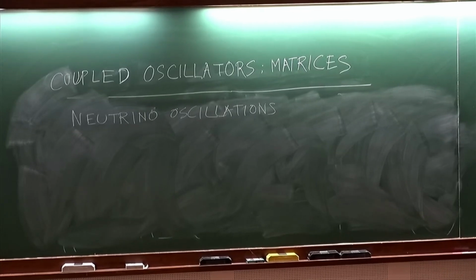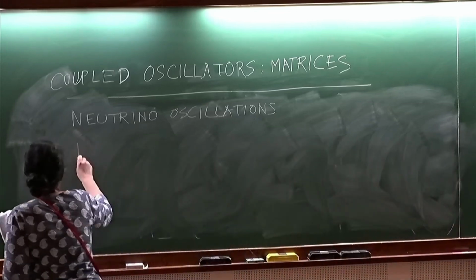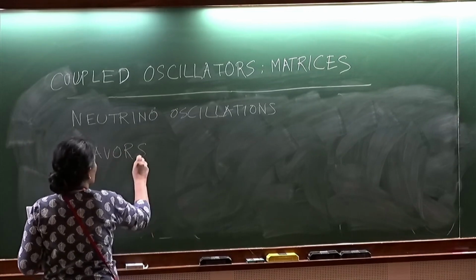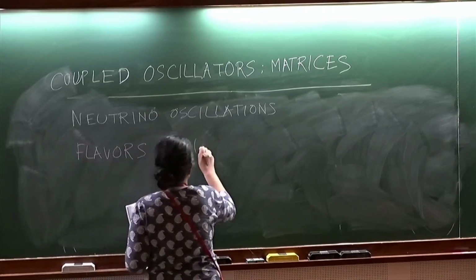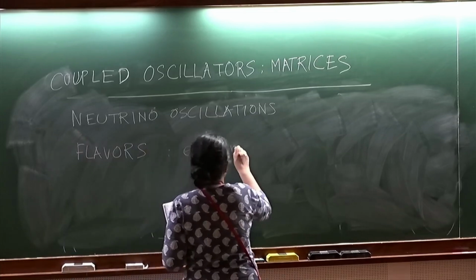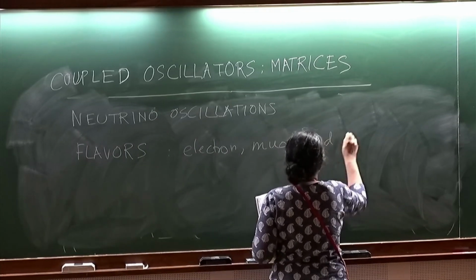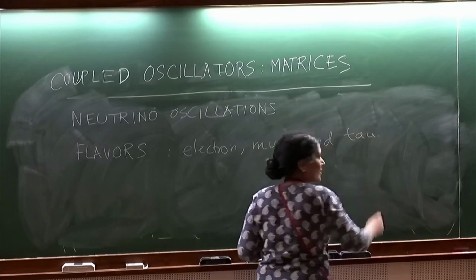Suppose there are 3 flavors of neutrinos: electron, muon, and tau neutrinos.